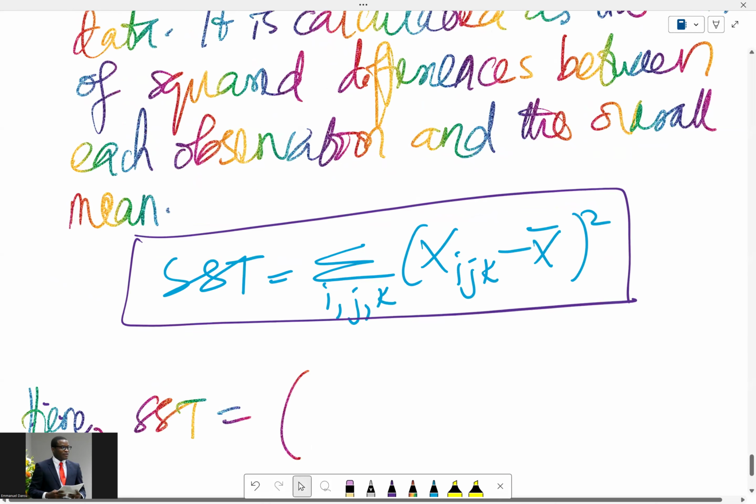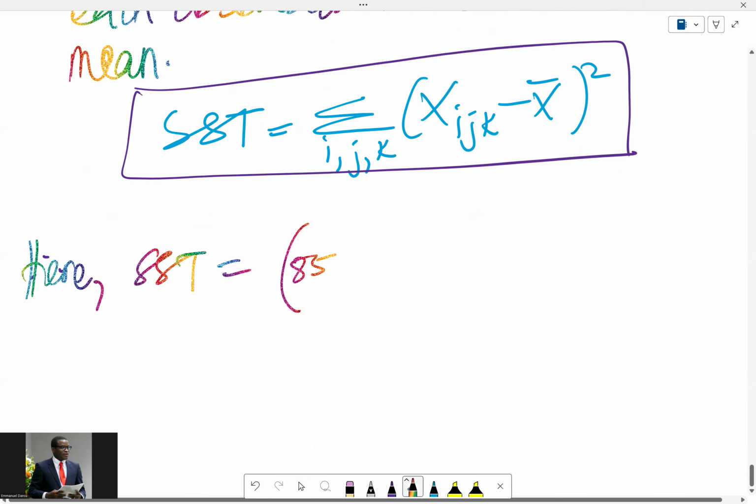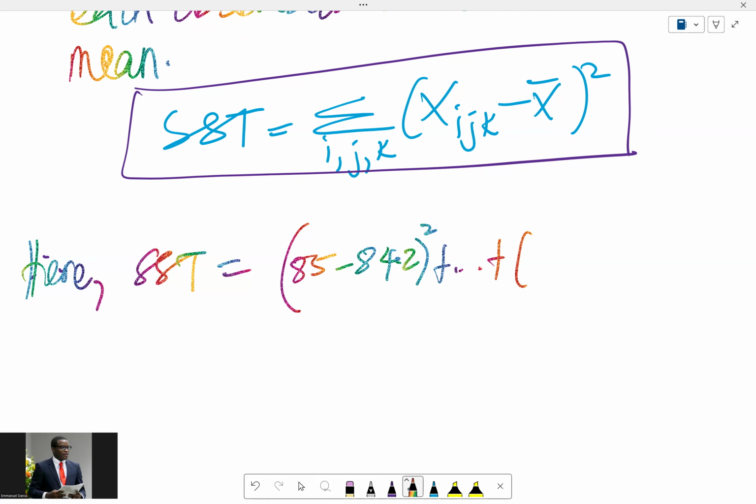So this would be 85 minus 84.2, squared, plus 85 minus 84.2 for the first method. The next will be 78 minus 84.2 squared. The next will be 91, but I'm just going to take the first one in each combination.